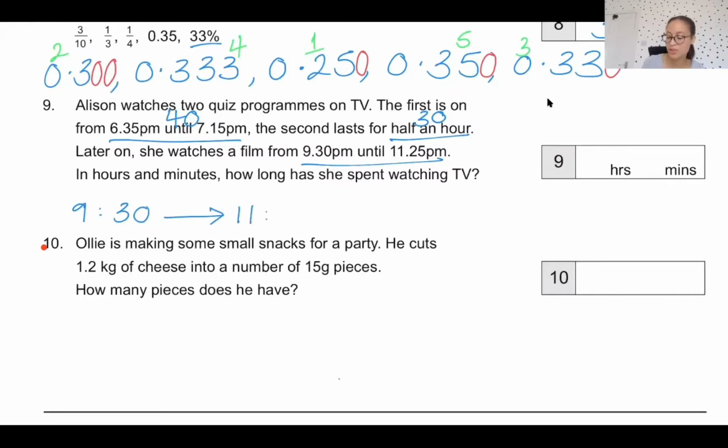Let's go 9:30 to 11:30, and then we'll go back the 5 minutes to 11:25. So 9:30 to 11:30 is 2 hours. 11:30 to 11:25 is minus 5 minutes. So how long is that third program? It's 2 hours minus 5 minutes.